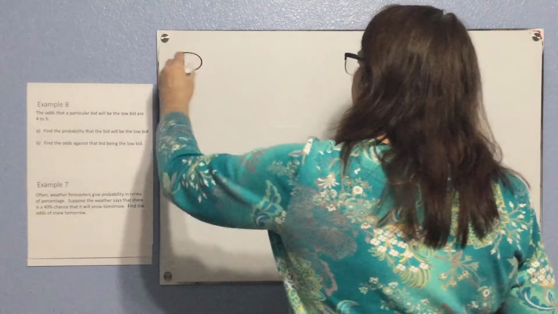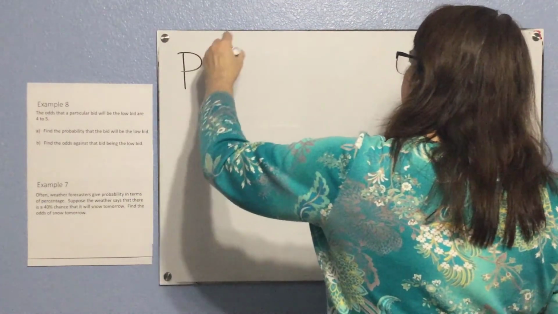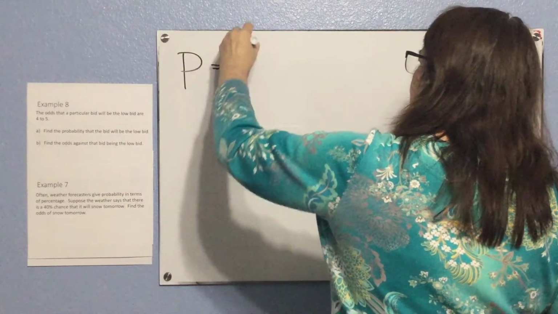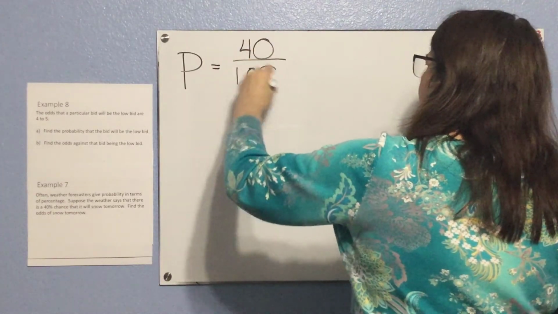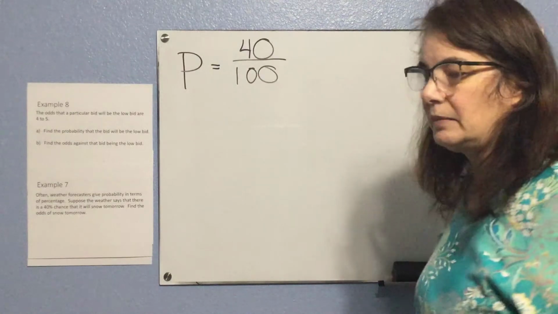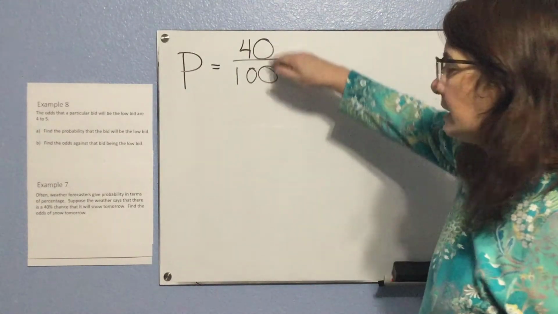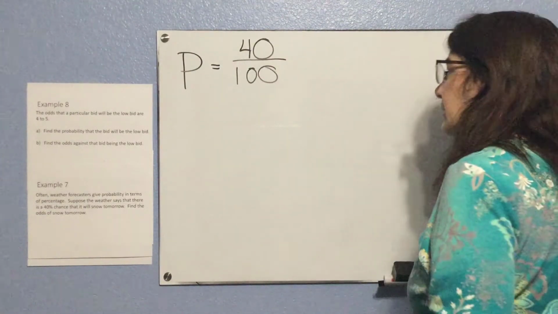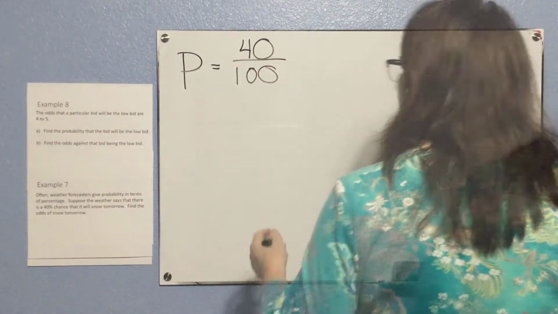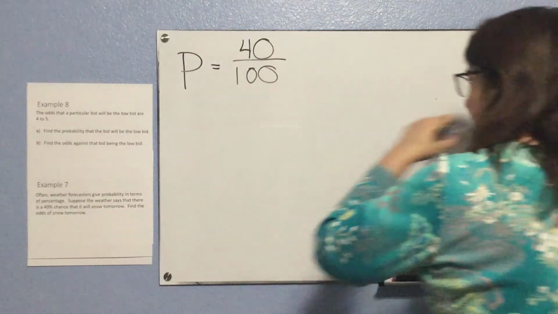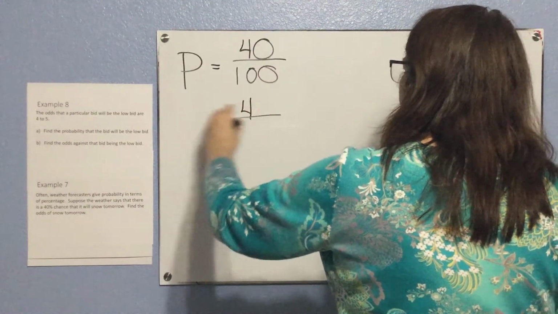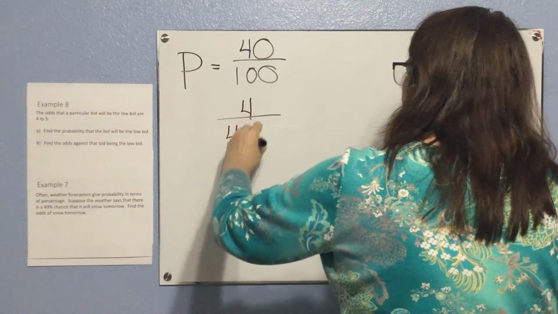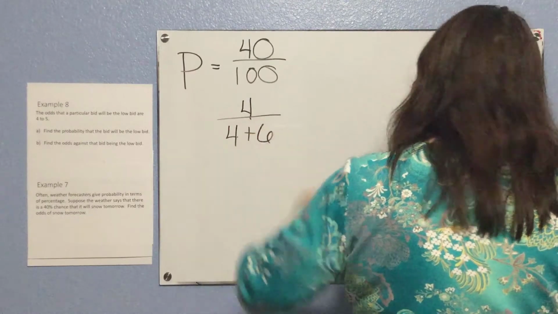So the probability is 40%, which is 40 over 100, because percent means out of 100. So 40 chances out of 100 that we'll have snow tomorrow. Okay, using our odds, we're going to have 4 over 4 plus 6.